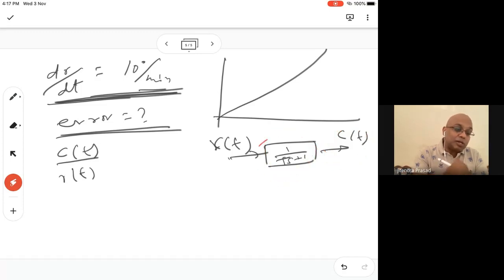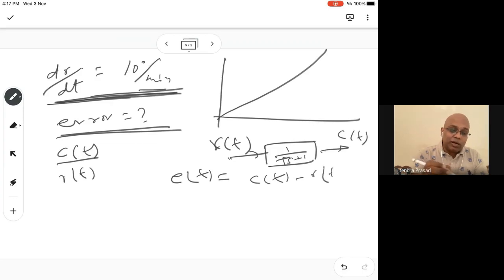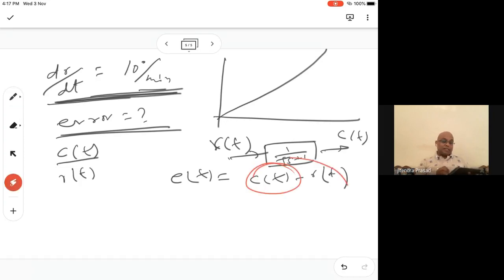So if this itself is rising, then what will the error be? We are talking about error, right? So e(t) is equal to nothing but the actual c(t) minus r(t). So if you have to find from the reference how much the error is, that is what you want to find out. So how to find out?